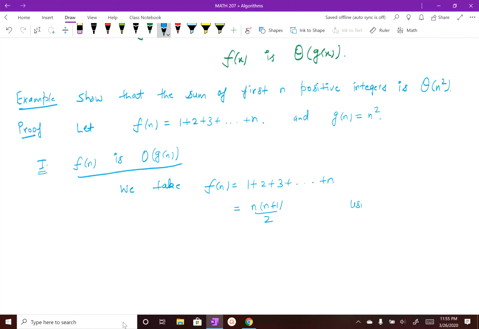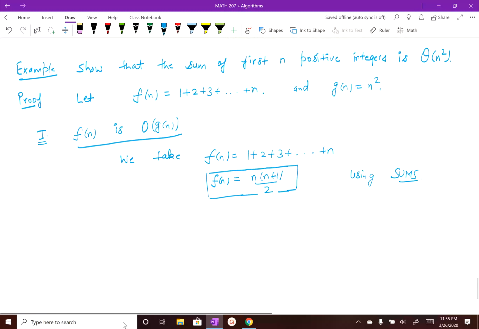Okay, so you can say using sums, my given function f of n is now equal to n times n plus 1 divided by 2, because I know the formula for the sum of the first n positive integers.